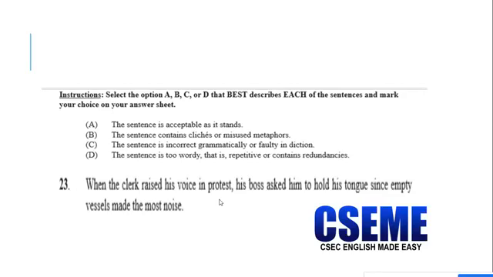Talk to me, people. What do you think it is? Type it below. Is it A? Is it B? Is it C? Is it D?